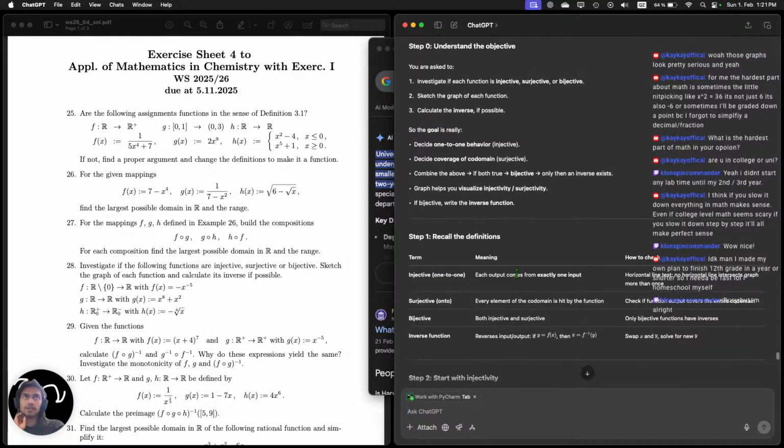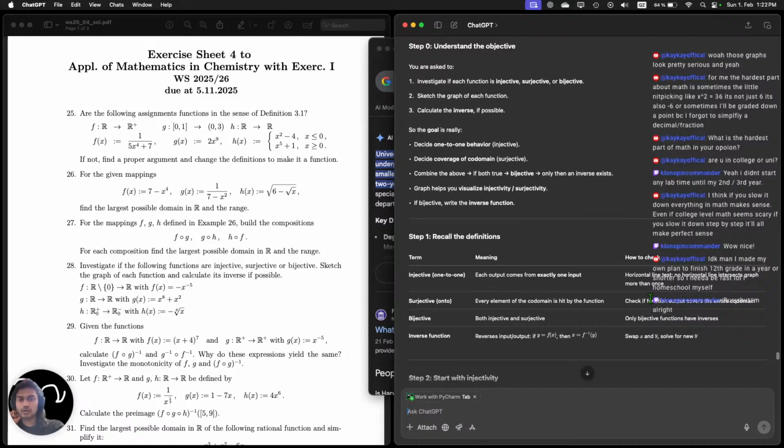Injective, one-to-one. Each output comes from exactly one input. How to check: horizontal line test. No horizontal line intersects the graph more than once.